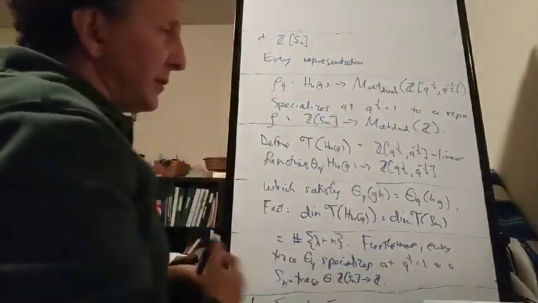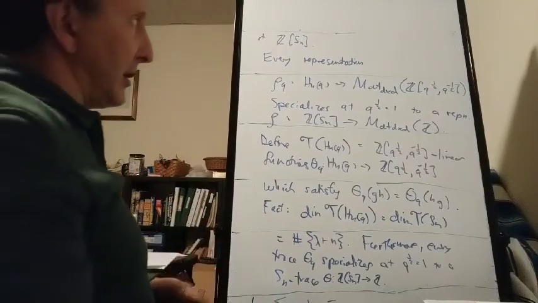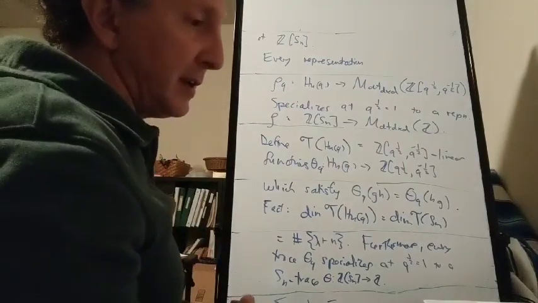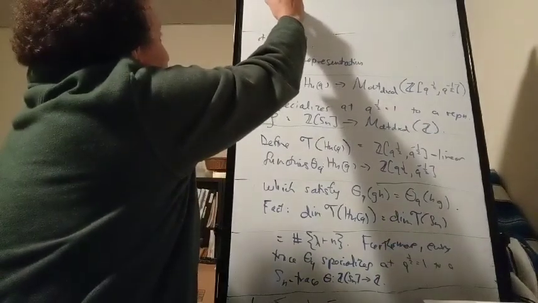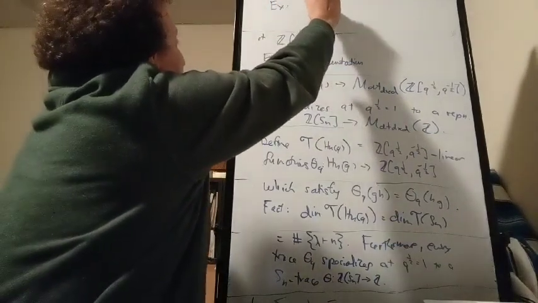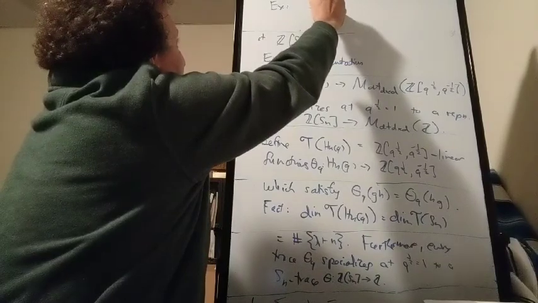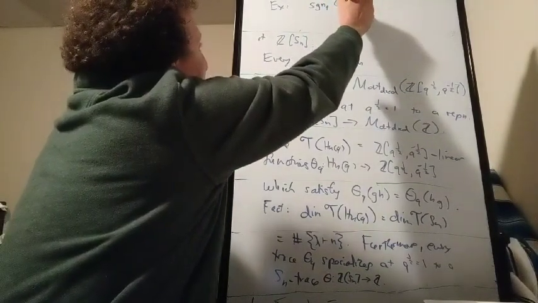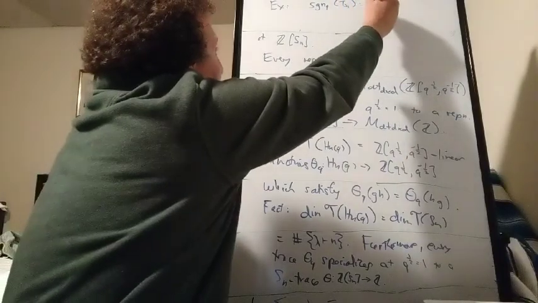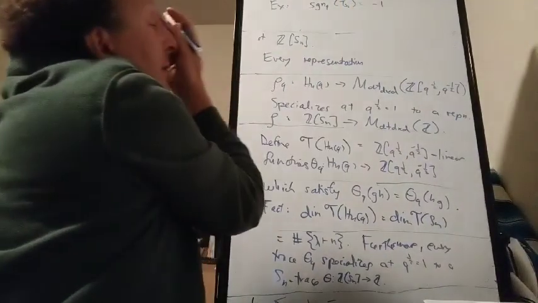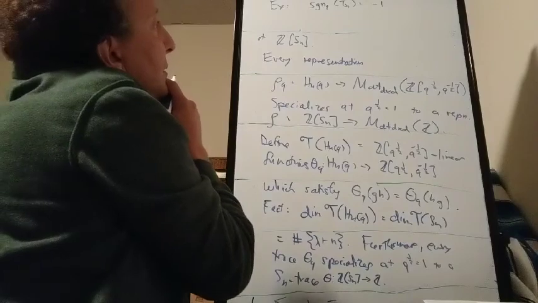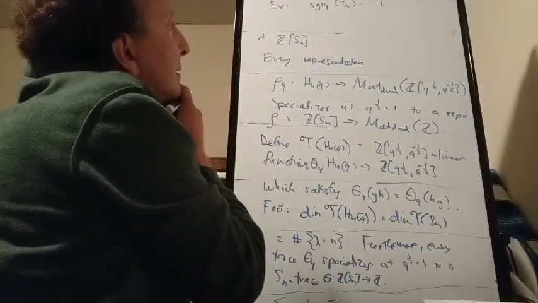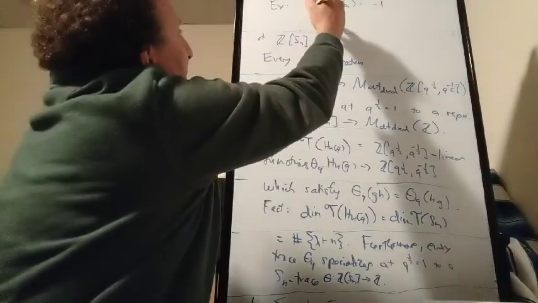Two important traces are the Hecke algebra analog of the sign and trivial characters. So the sign is defined to be the same thing as the sign in the symmetric group.